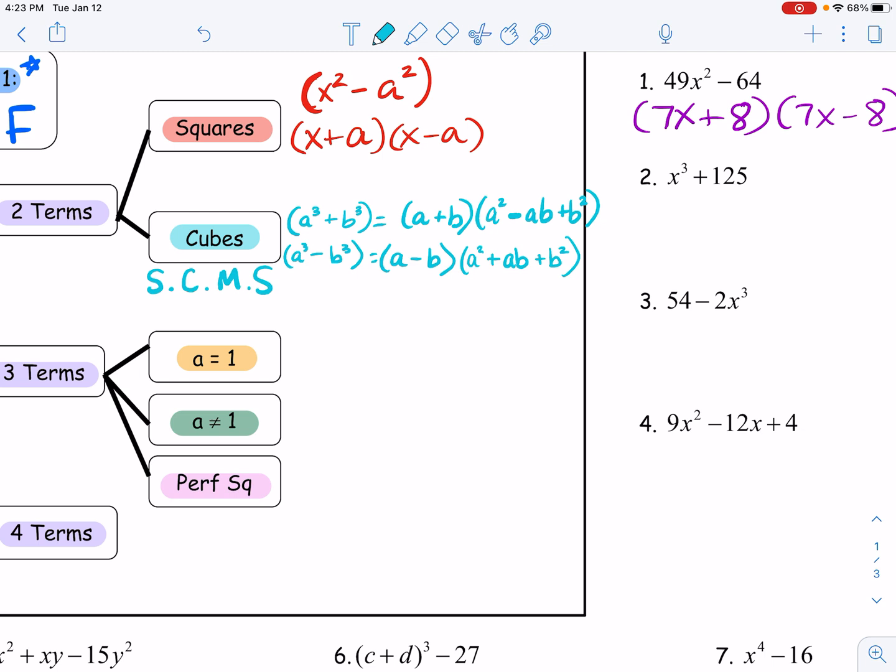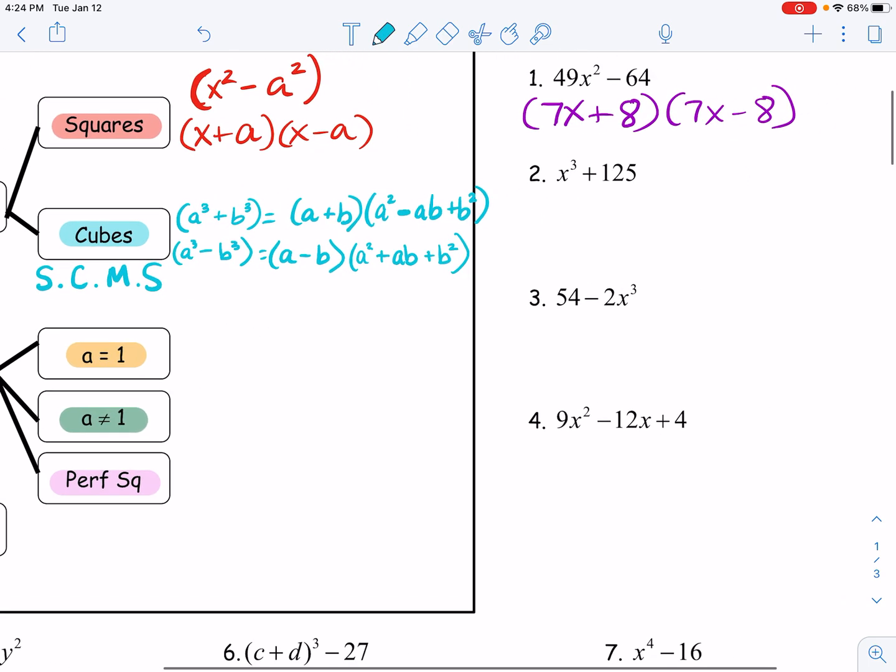If you look over to the right-hand side, you see the sum of perfect cubes. X cubed is a perfect cube, and 125 we saw was a perfect cube. To factor this, we create our binomial: I take the cube root, keep the sign, take the cube root.